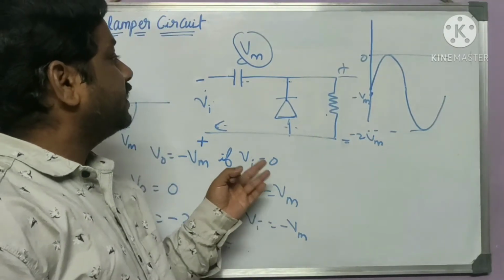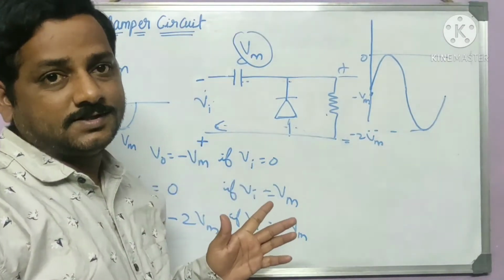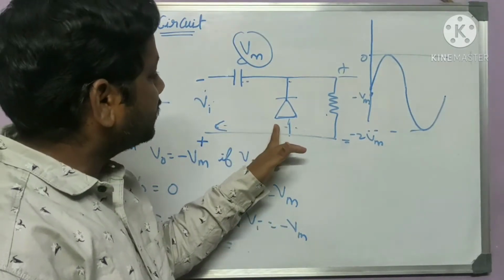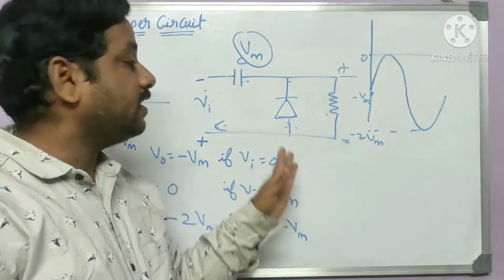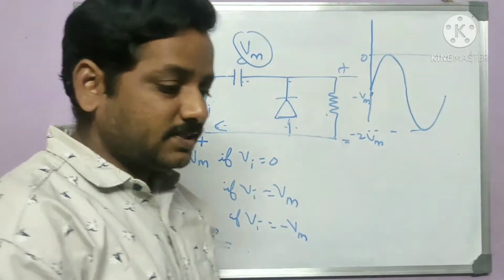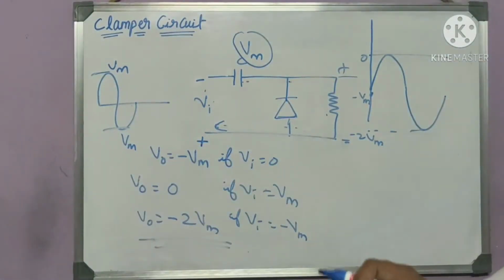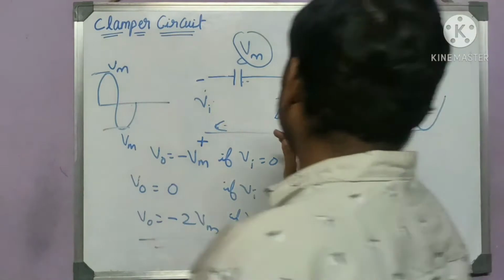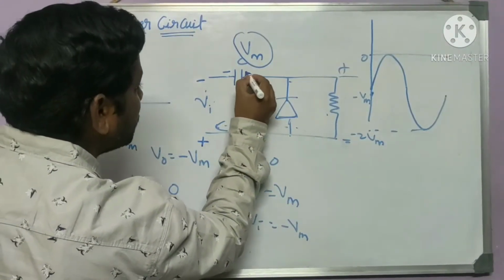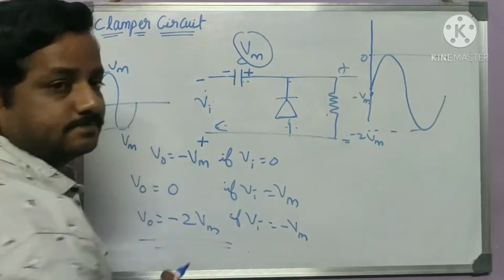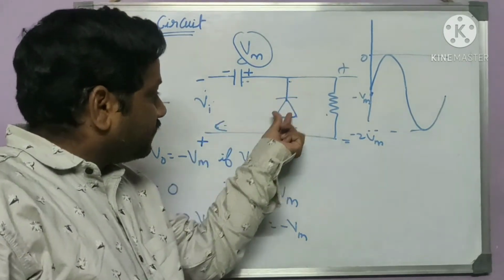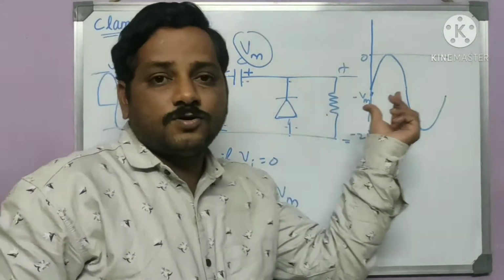So during negative cycle, what's going to happen? Let's see that. During the negative cycle, the diode will conduct, and during that conduction of the diode, the capacitor will get charged up. So the capacitor will be charged to the maximum value. Okay. So the capacitor will charge like this, minus to plus Vm, and current will flow through this only. There will be no output.